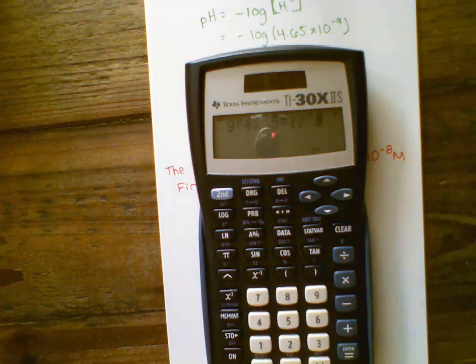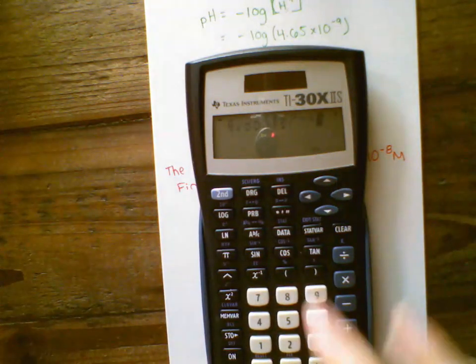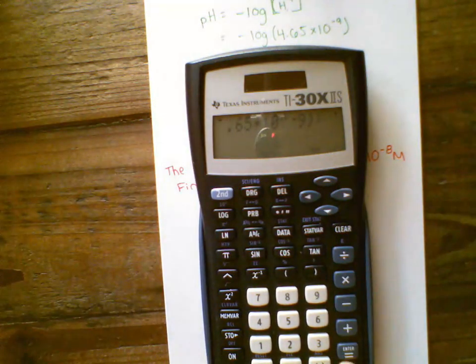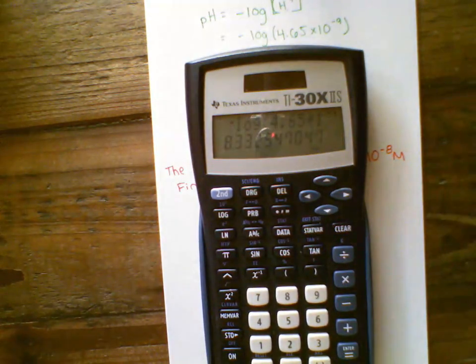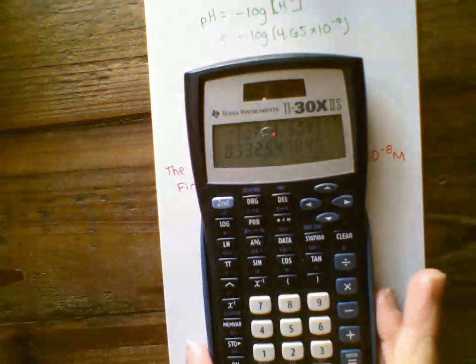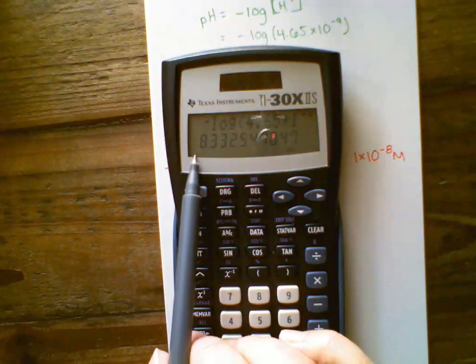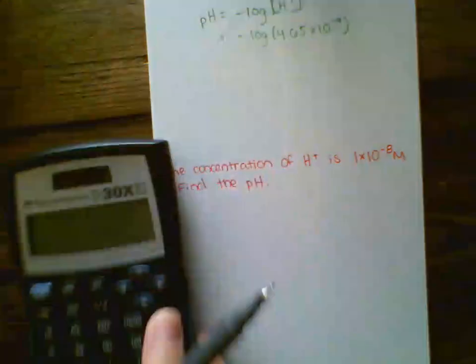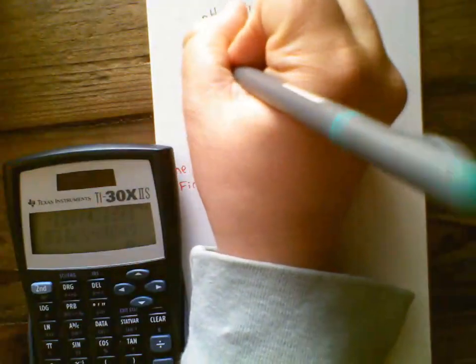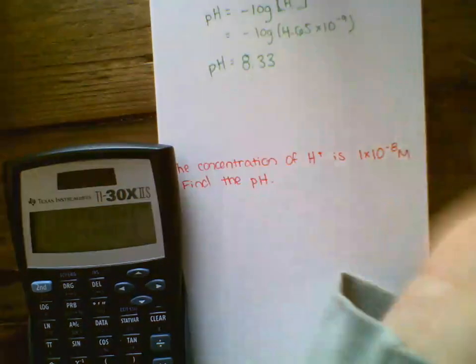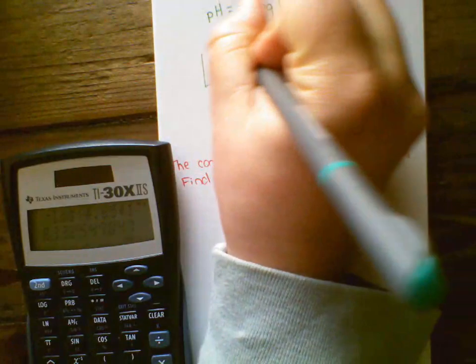So we want to do 10 to the negative ninth. Close the parentheses, hit enter. That's it. So if we look at this, this tells us that the pH of this solution is going to be 8.33. So to solve that problem, pH equals 8.33. That would be my answer.